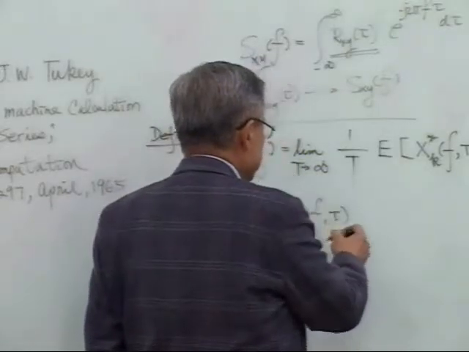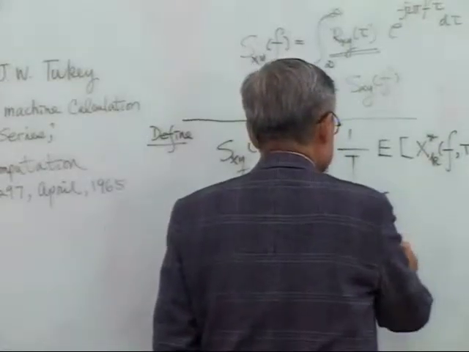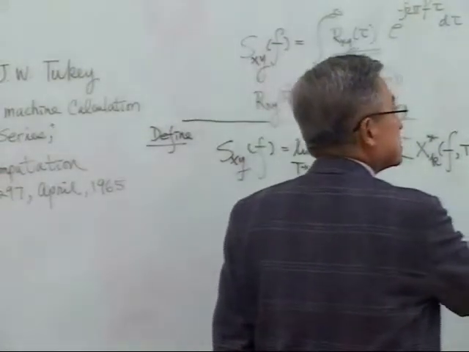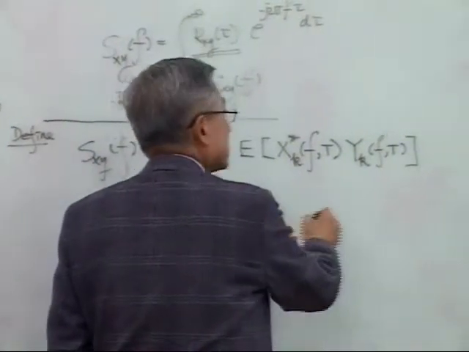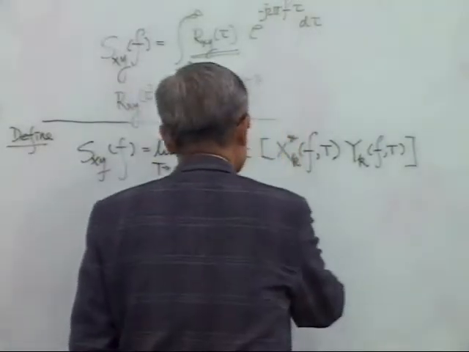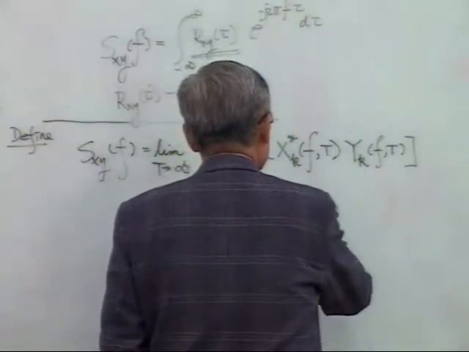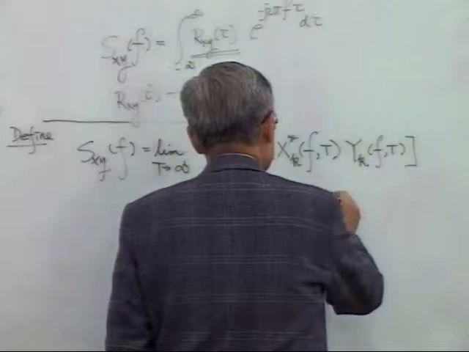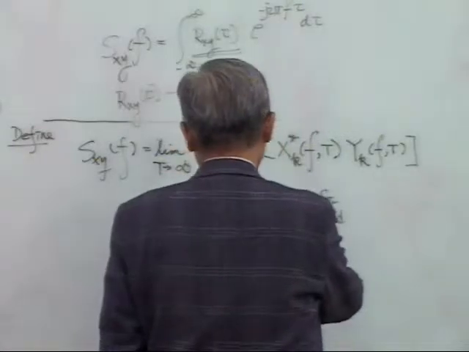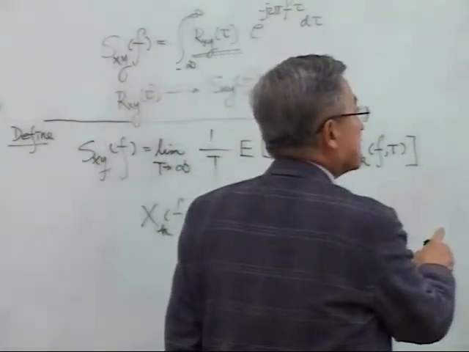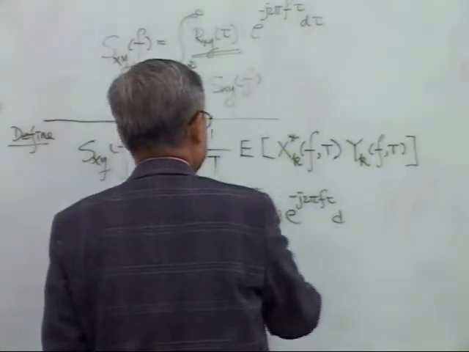And this is, as I shown here, 0 to time T, X, T, of course this is a sample function k, and e to the minus j 2 pi f t. I use a tau, so this is not tau, this is a t.